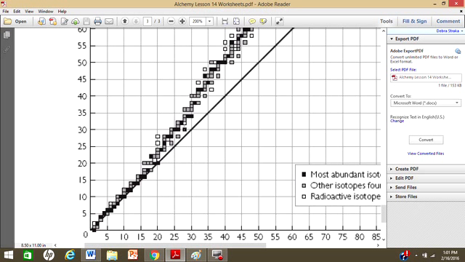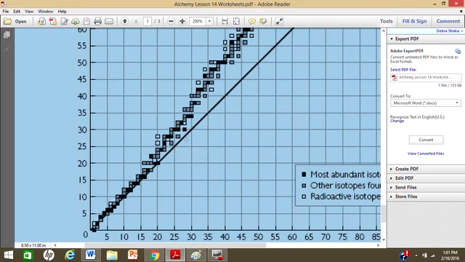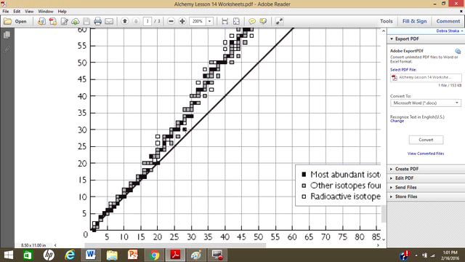So it looks like there's 5 different forms of nickel. The one with 28 protons, that's where we are right here, 28, and 30 neutrons is the most abundant form because that's the one that's black. Then it's got 1 radioactive form in white, and then it's got 3 other forms. So total numbers are 5.